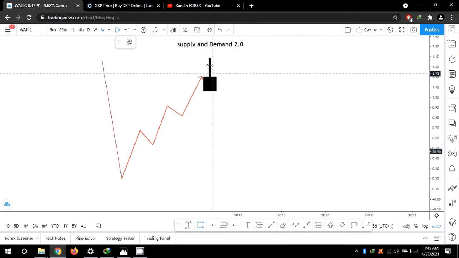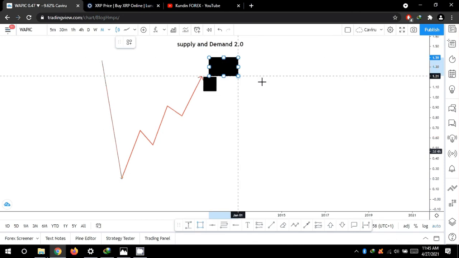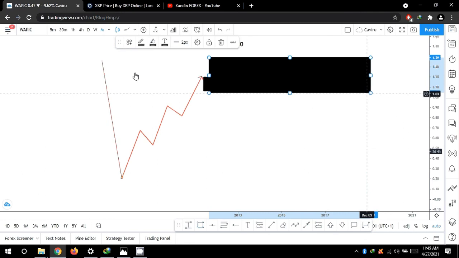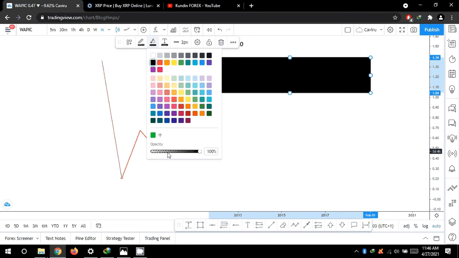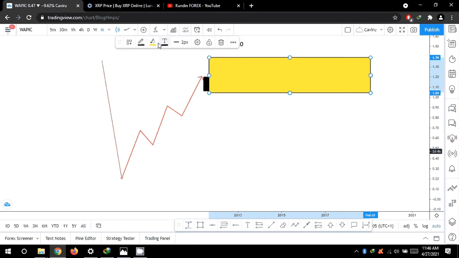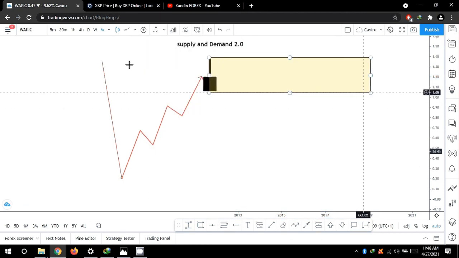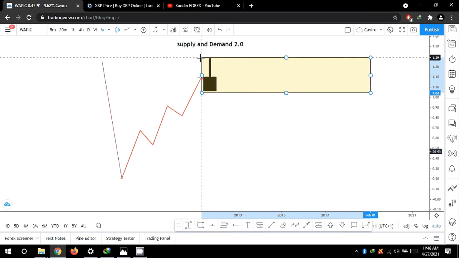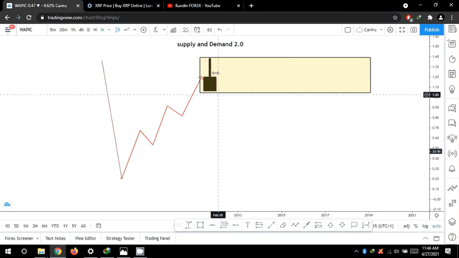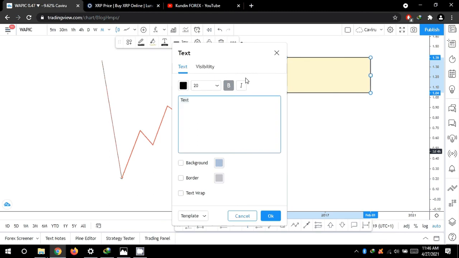That's all. So you draw your zone box. Let me turn it back to more transparent. This is just for educational purposes. When we go into the real market, everything will make sense. So you see, it creates our supply zone.